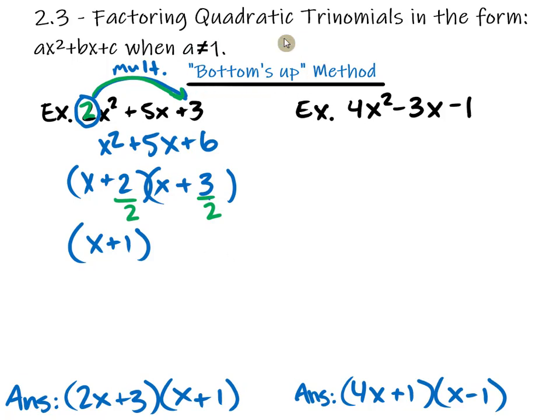We're going to bring the bottom of the fraction up in front of x. So that 2, I'm color coding here, is going to go in front of the x. And we're going to write this remaining factor as 2x plus 3.